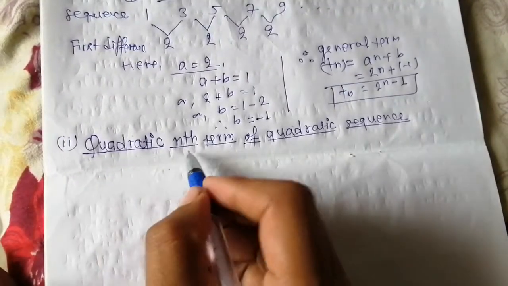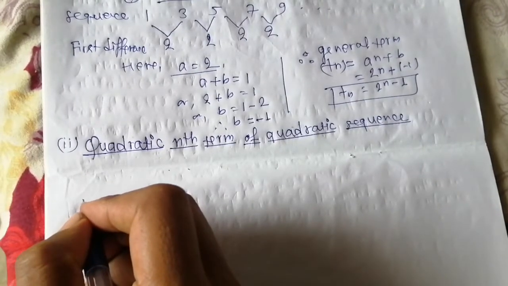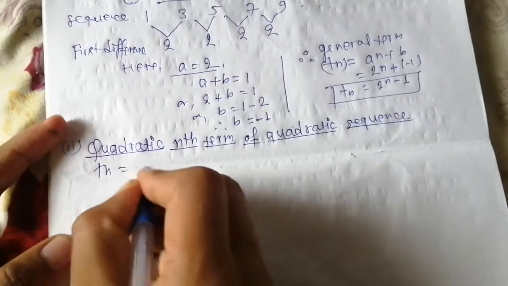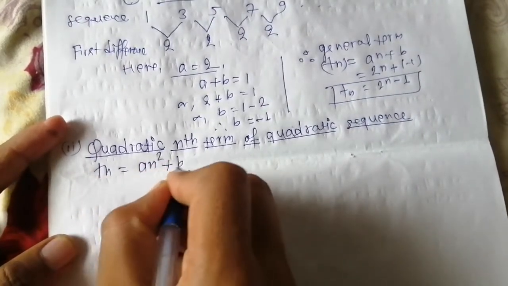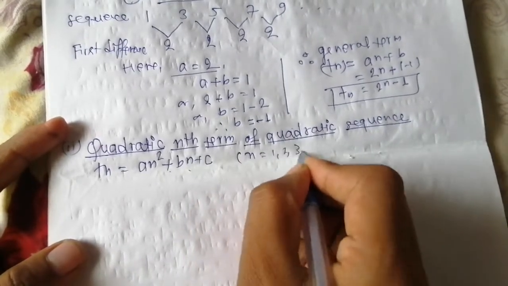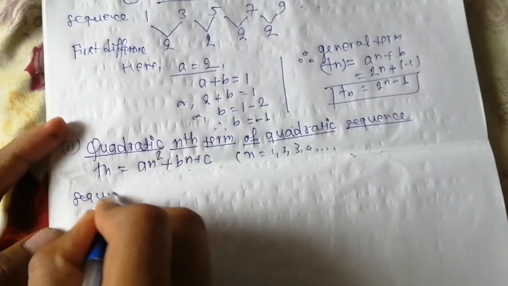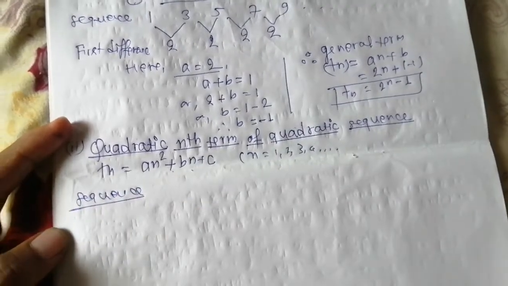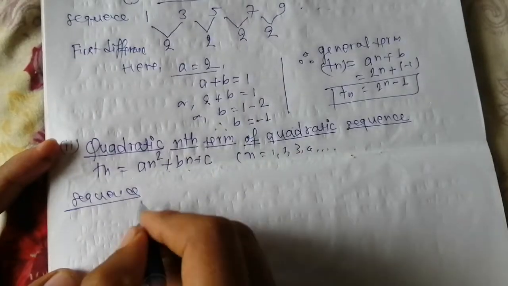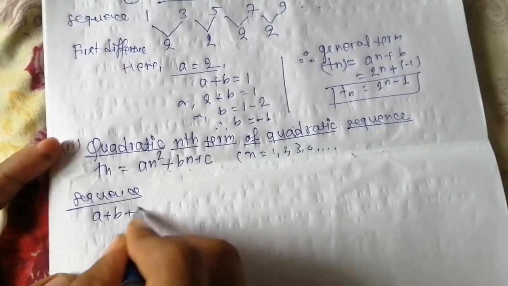Now the nth term of a quadratic sequence. If we are given a quadratic sequence Tn equal to an square plus bn plus c, then put n equal to 1, 2, 3, 4, and so on. What do we get? We get the sequence. If we put n equal to 1, this directly gives a plus b plus c.